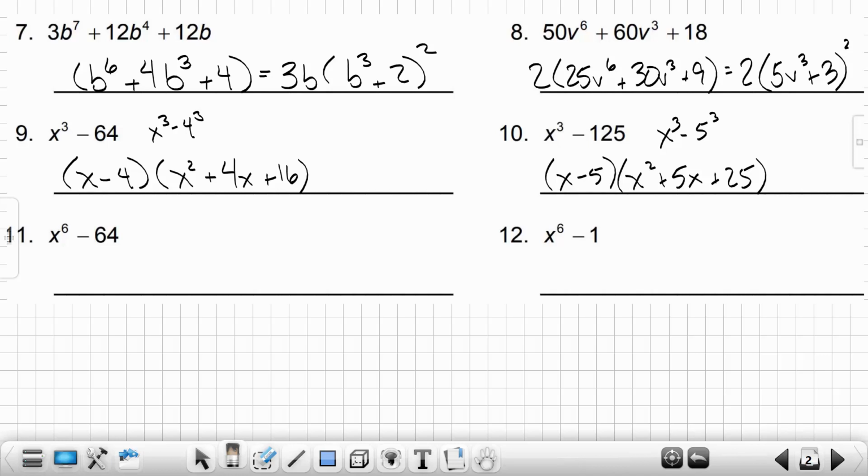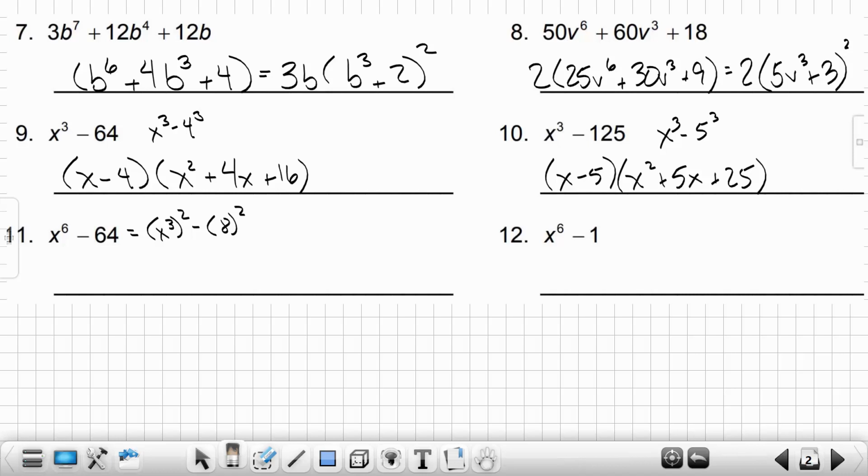So Yvonne, we said a second ago that you could turn that into x cubed squared, right? And you said 64 is what number squared? 8 squared. Right? So if this is difference of squares, Yvonne, my A is what?